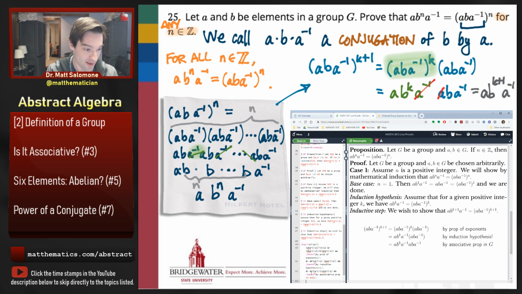It also means that on the next line, I can cancel the A with the A inverse that's sitting right here in the middle, right? And so when I cancel that, I get A b to the k times E times B times A inverse.